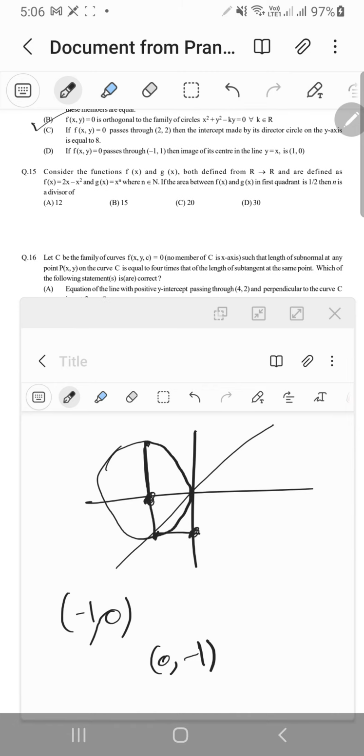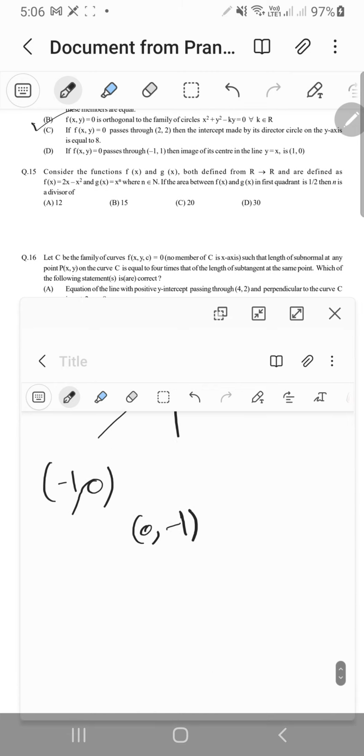Next, consider the functions f of x and g of x both defined from real to real and are defined as... if the area between f of x and g of x in the first quadrant is 1 by 2, then n is a divisor of... n belongs to natural numbers. If the area in the first quadrant is 1 by 2, then what is it really?